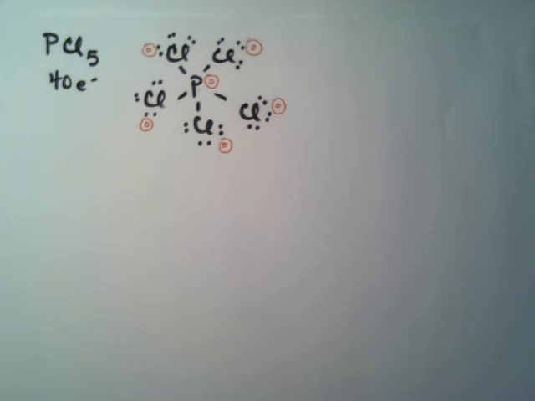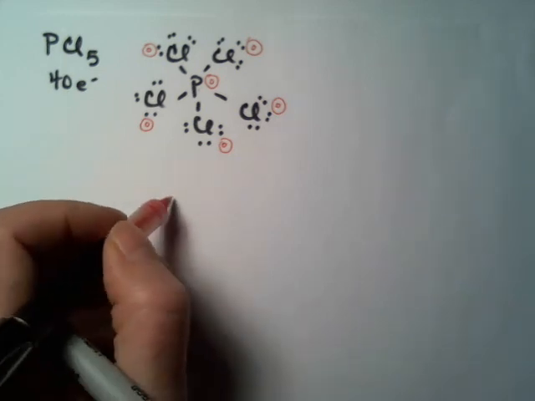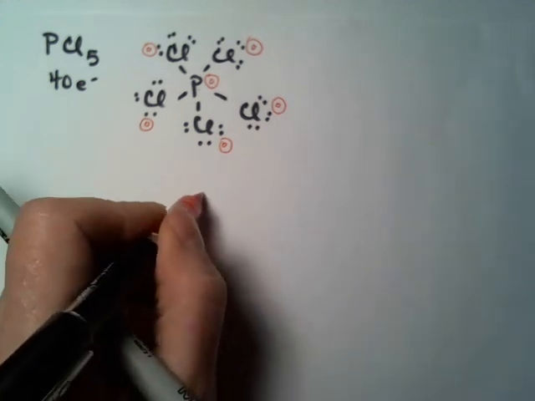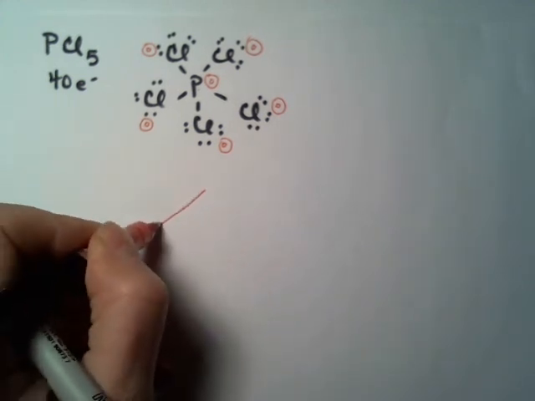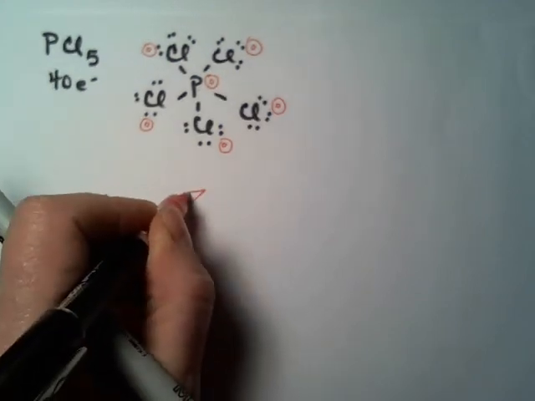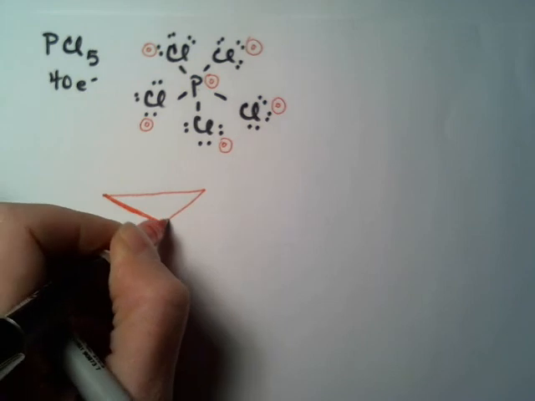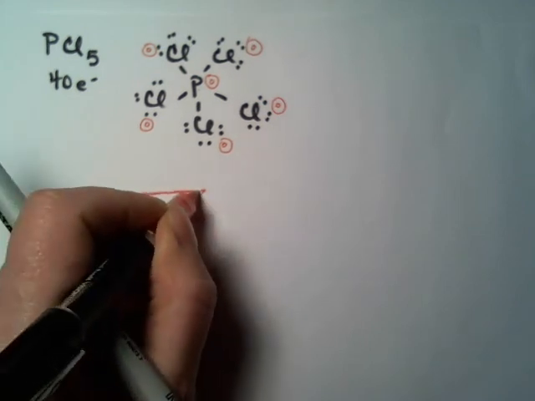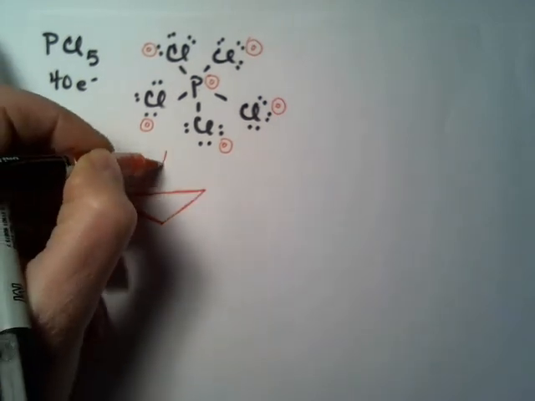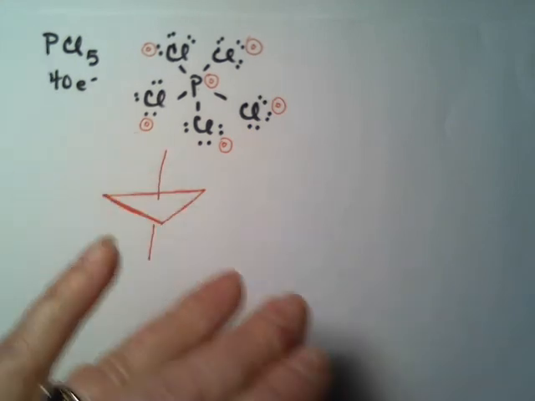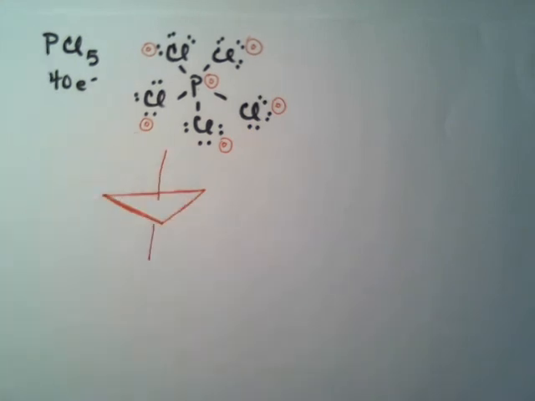And the way that I draw my trigonal bipyramid is, I do this triangle. That's not the best triangle. I don't want it to be perfect because I'm trying to give the impression that it's a flat triangle sort of coming out and going in, like slicing a card right in.